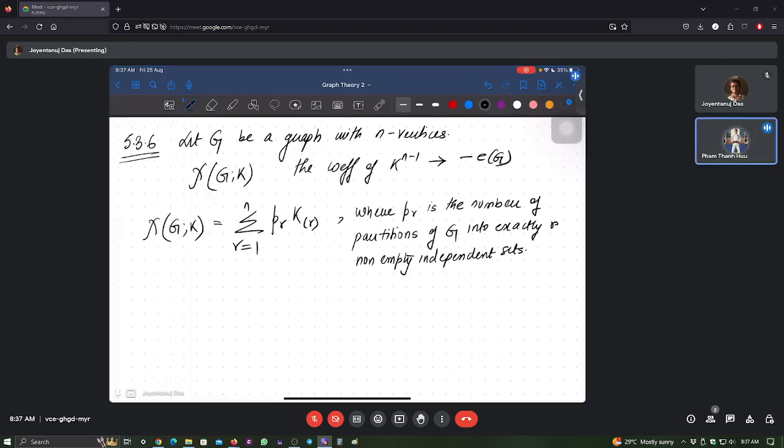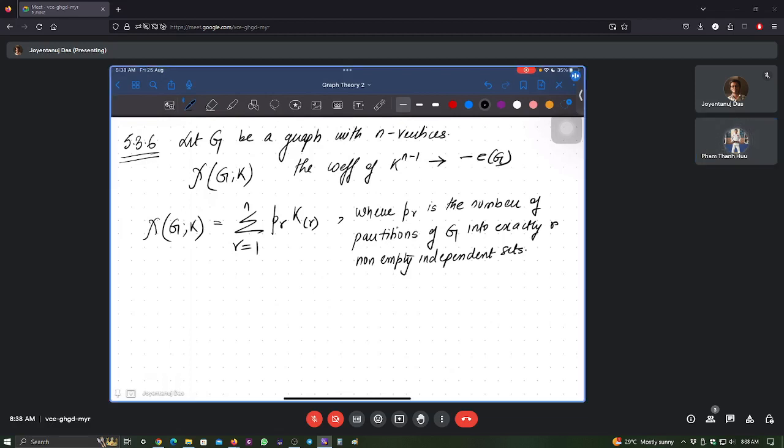Number of partitions into exactly r non-empty disjoint independent sets. It doesn't matter how we divide the vertices into partitions, but each subpartition should be independent.